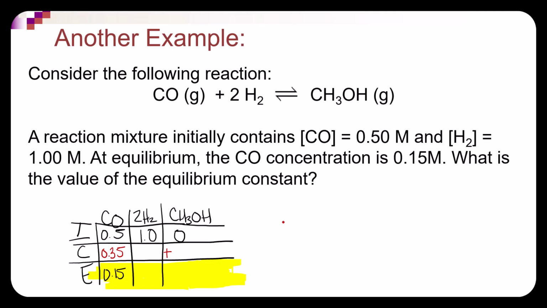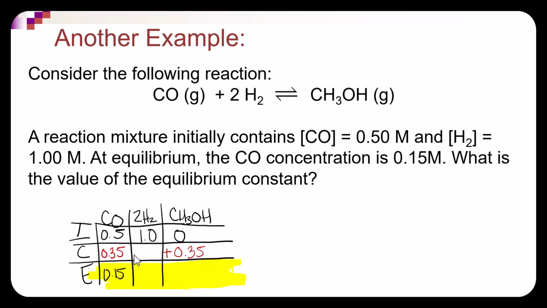So I know that the product starting at 0, the only direction for it to go is up. So it's going to be a positive change. And then that makes the reactants have to be a negative change because we make the product by using the reactant, right? So if my reactant changed by 0.35 molar, I know my product is also going to change by 0.35 molar. It's going to increase.